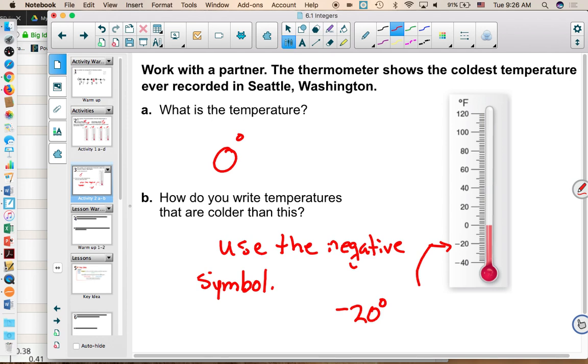So we call it the negative symbol, but technically this symbol right here says the opposite. The opposite of 20 is, as we say it, negative 20. But the opposite of negative 5 is 5. Do you understand what I'm saying?